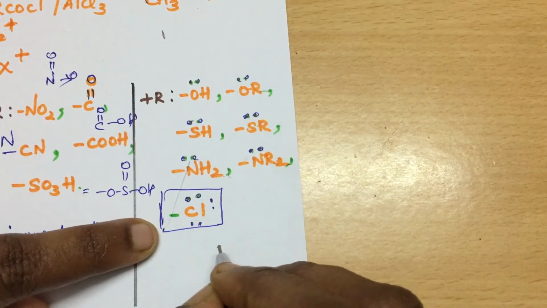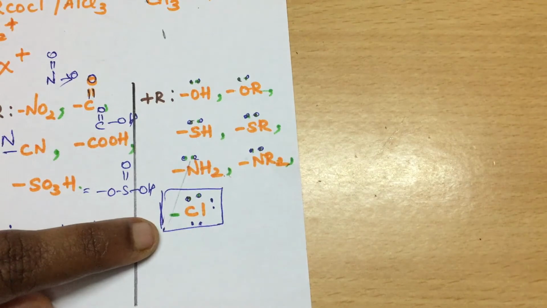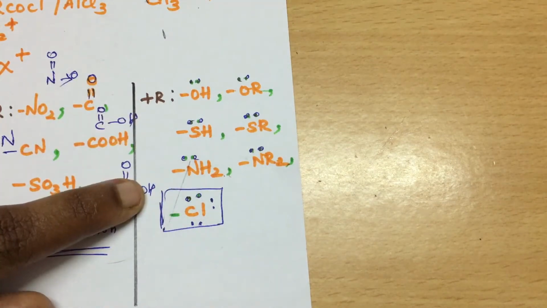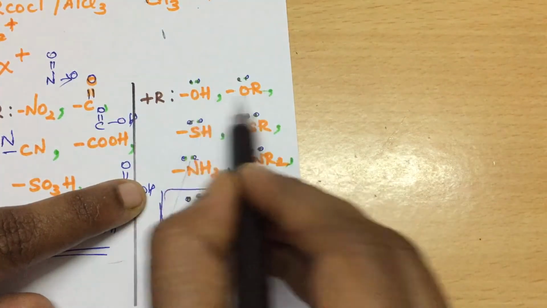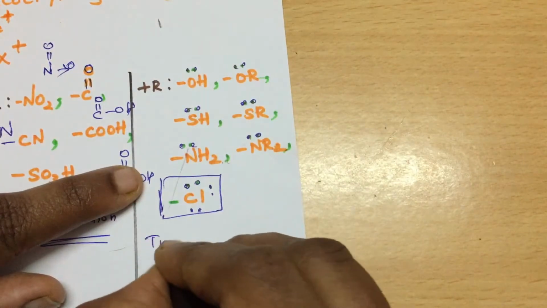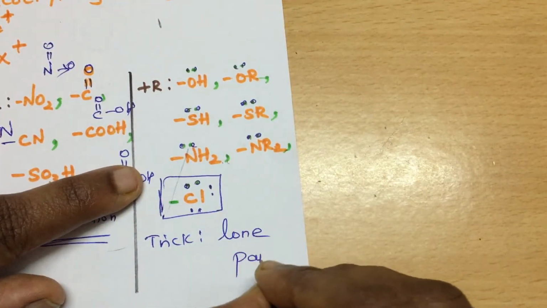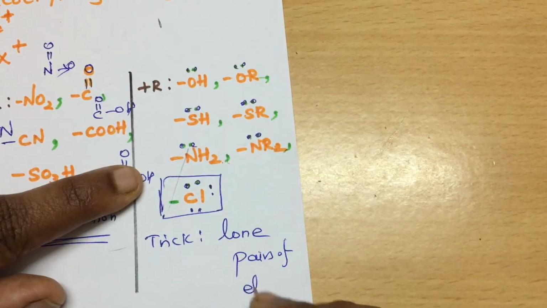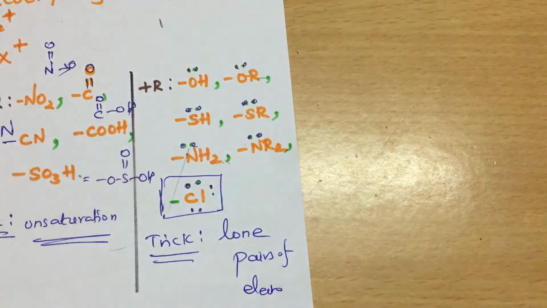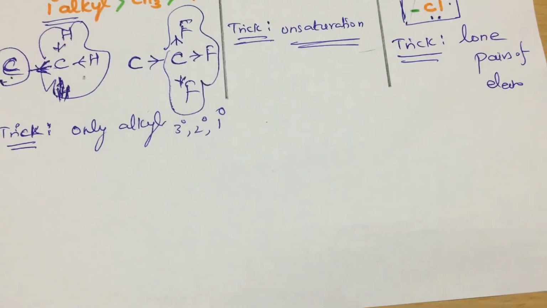Okay, will all rich people donate money? No, they should have the tendency. So what is the trick here? The trick is lone pairs of electrons. Okay, so this is the method to find out what type of guy he is.